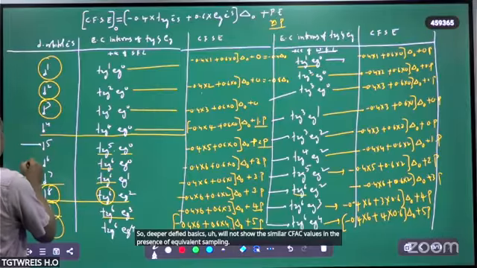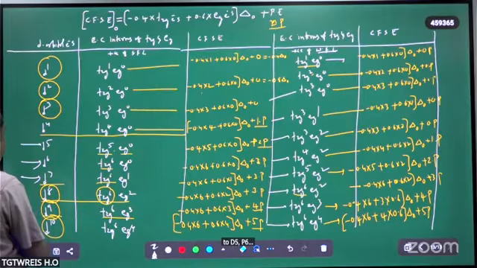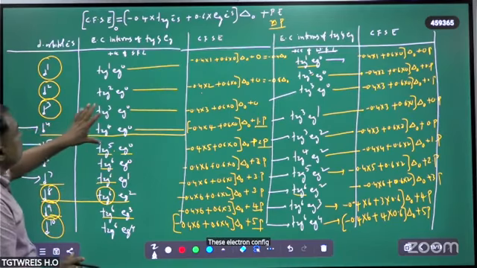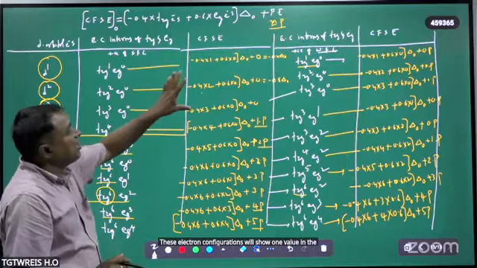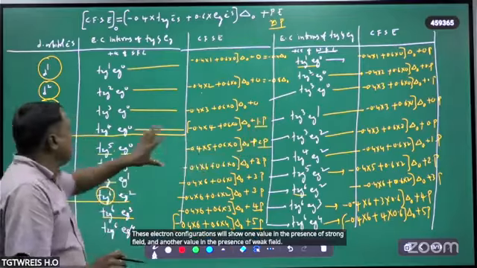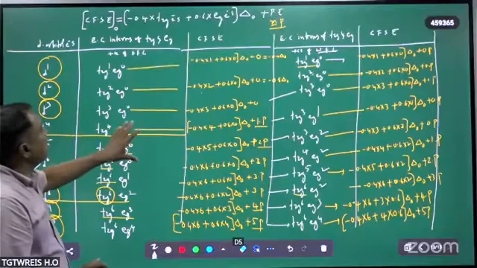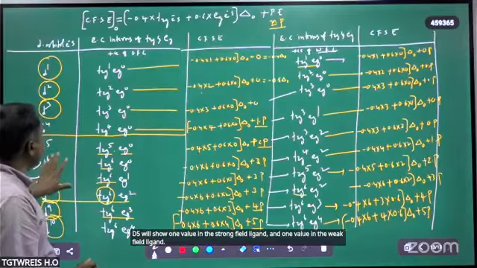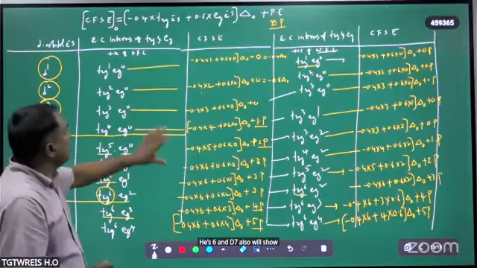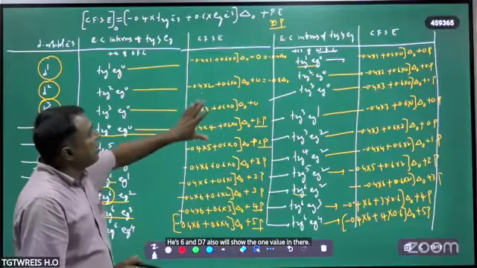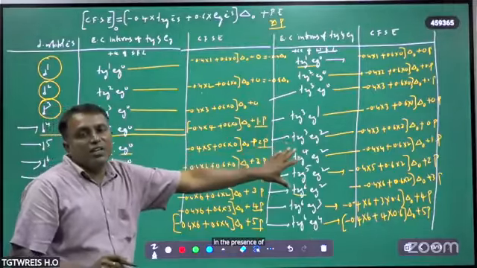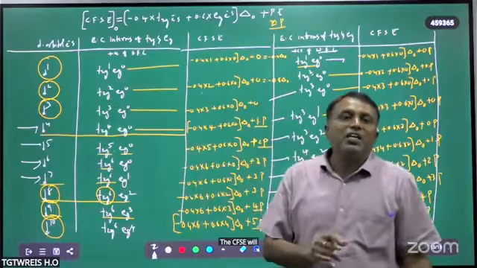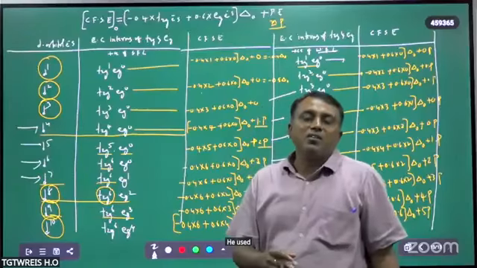The d4, d5, d6 and d7 electron configurations will show one value in the presence of strong field and another value in the presence of weak field. d5 will show one value in the strong field ligand and another in the weak field ligand. d6 and d7 also will show one value in the presence of strong field ligand, and one value in the presence of weak field ligand. Therefore, their CFSE depends upon the field strengths of ligands.